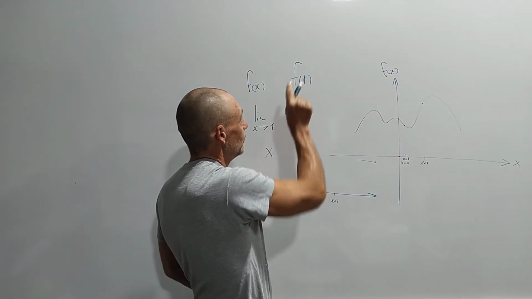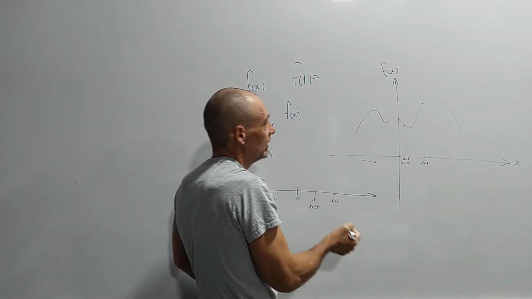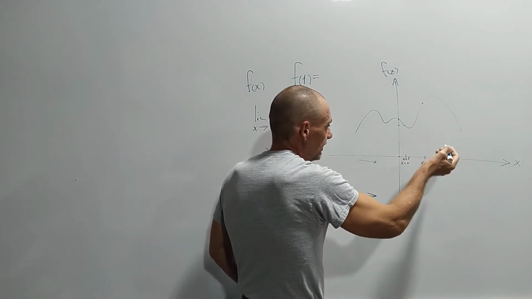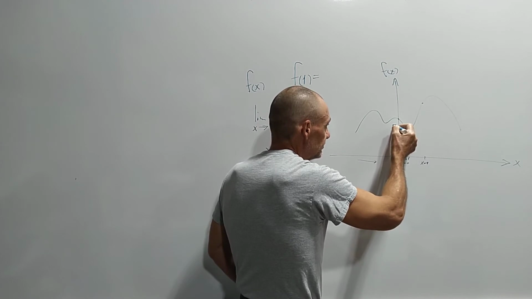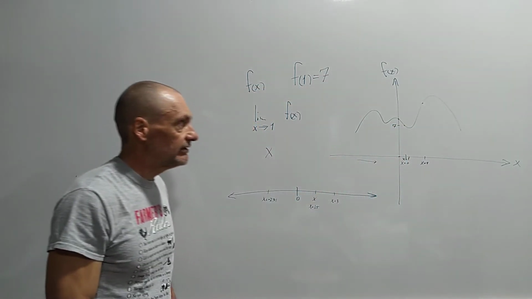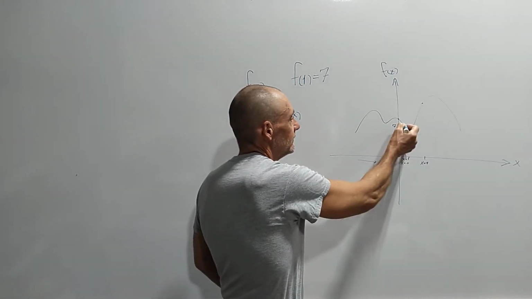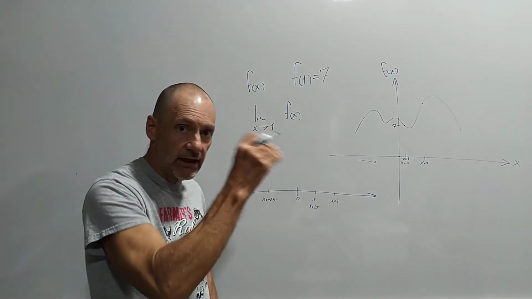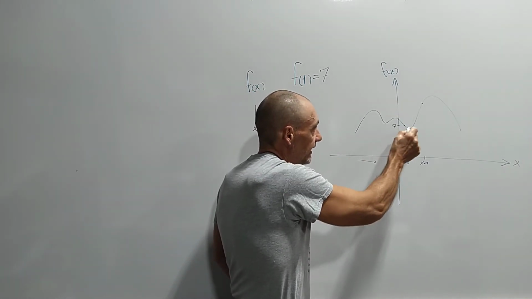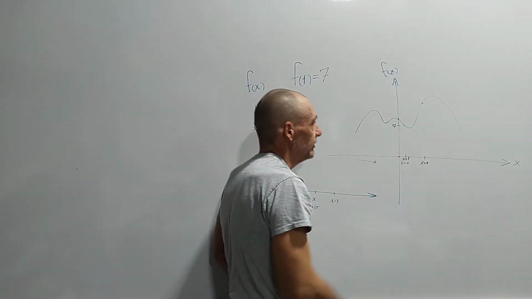But we can say f of 1 equals, and then we can come up here, look at this value, and let's just say it's, I don't know, 7, okay? So we can say f of 1 is 7. So at that height, when x is 1, f is at 7. And you can see that it's kind of going down, and it's heading for this trough down here.